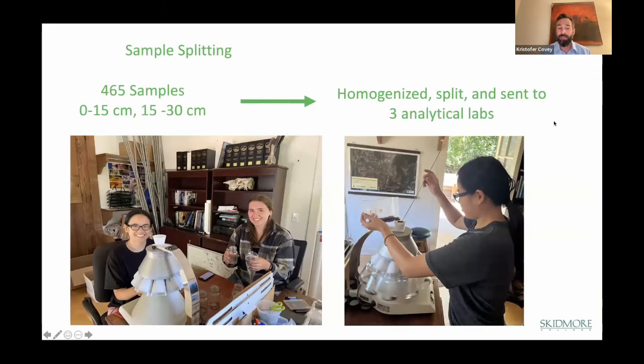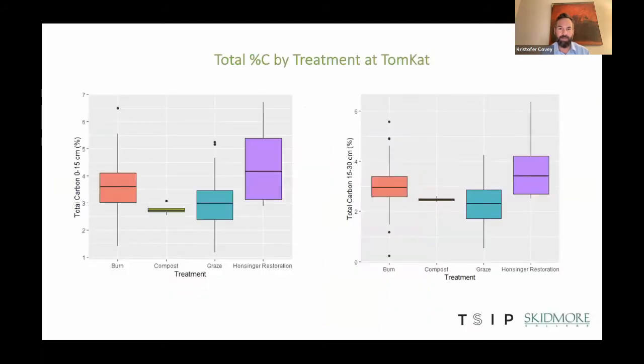So I said that we homogenize the samples. We actually got this custom sample splitter here that evenly divides so that those could be homogenized and sent out to the 3 labs. And we knew that these 3 labs were getting exactly the same soil and see what those answers look like. So on average, we did identify, this is just Morgan and Eliana just cranked this out last night, there are differences across the treatment areas.